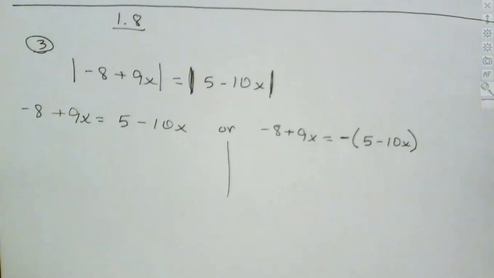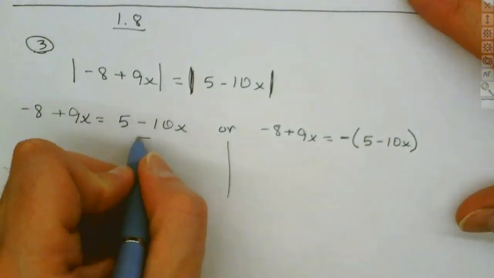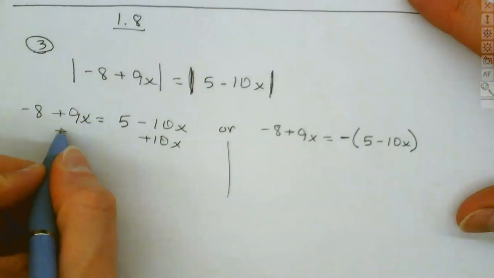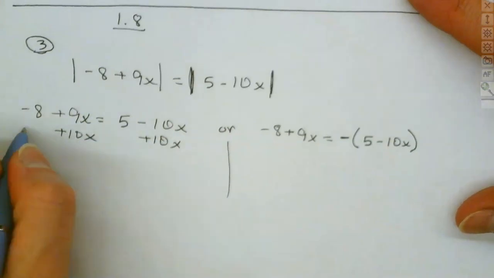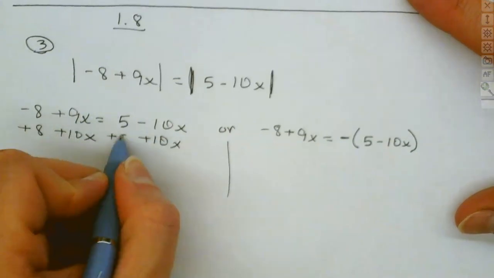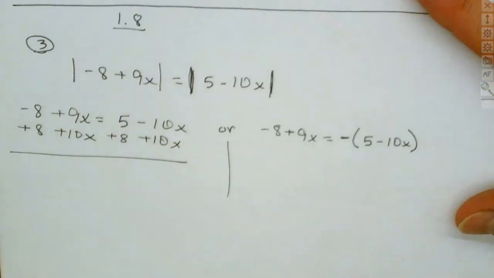So let's now finish it out. And this is just simple algebra. We'll do the left-hand equation first, then we'll do the right-hand equation. So I'm going to add the 10x and add the 8. The 8's cancel. We can do it all at once, and you can write it out in separate steps if it's easier for you.